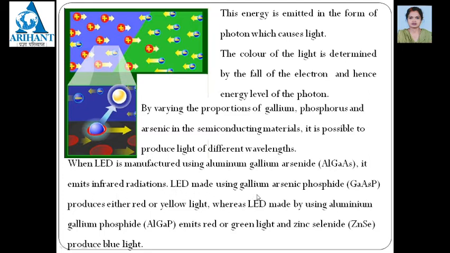When the LED is made using gallium arsenic phosphide, it produces either red or yellow light. Whereas an LED made using aluminum gallium phosphide emits red or green light. And zinc selenide produces blue light. Likewise, depending on which impurity you are using in the semiconducting material, a photon is emitted with that energy level and hence gives light of different wavelengths and different colors.